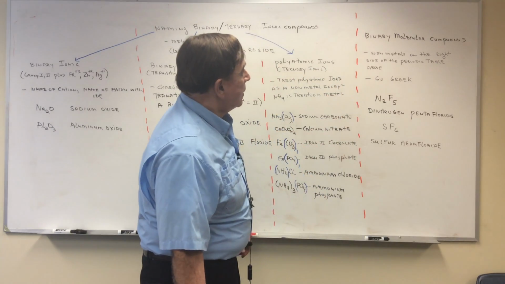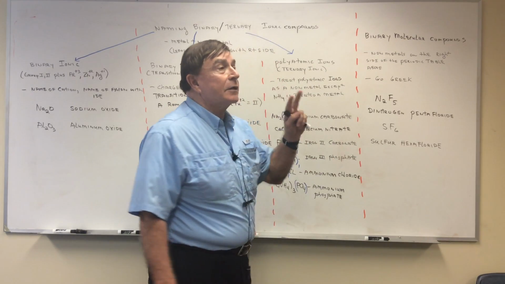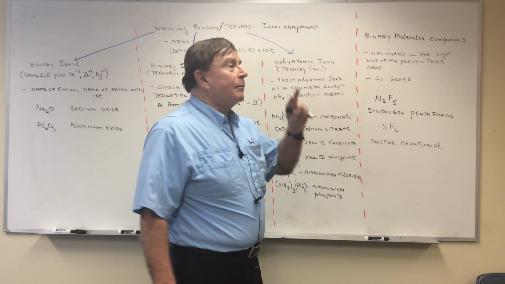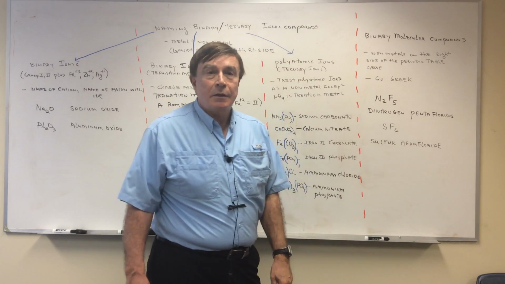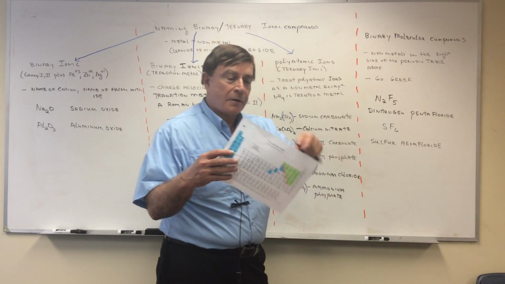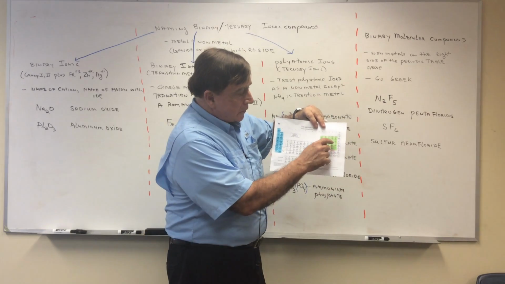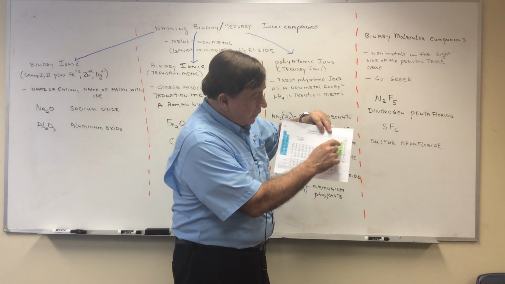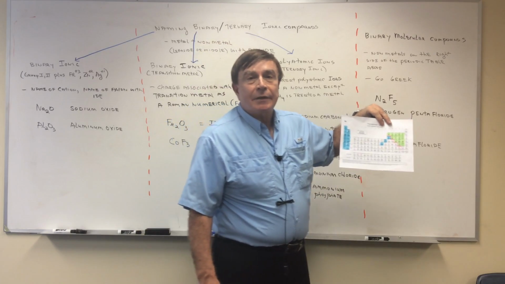Second thing is, once you determine nonmetals, in this compound both atoms must be nonmetallic. Again, nitrogen is here, sulfur is here, fluorine is here. So you can see they're all nonmetals.